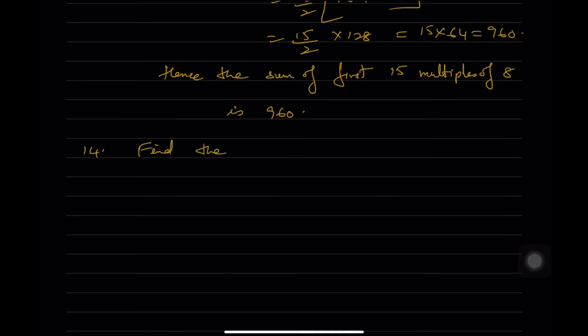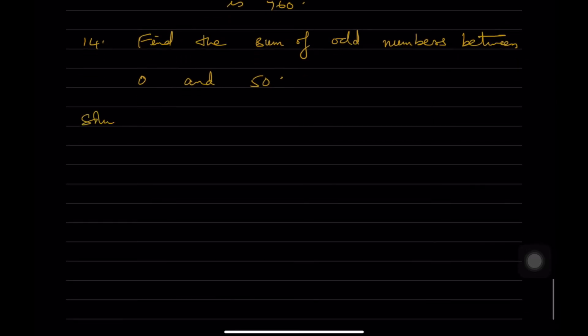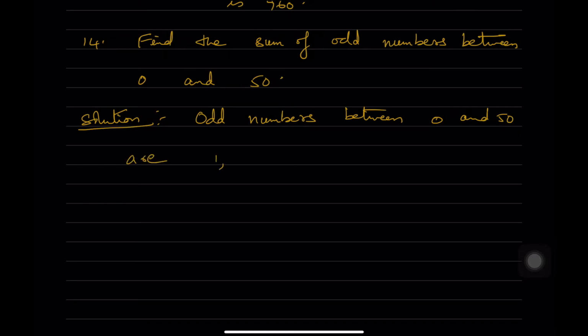So next, going to the 14th problem. Find the sum of odd numbers between 0 and 50. So solution for this is, now odd numbers between 0 and 50 are 1, 3, 5, 7, and so on, which form an AP.